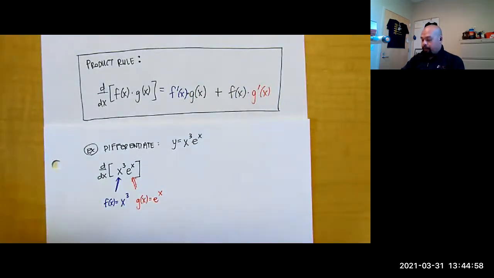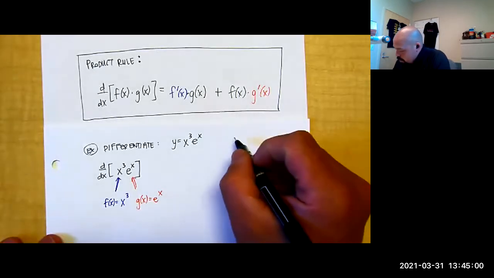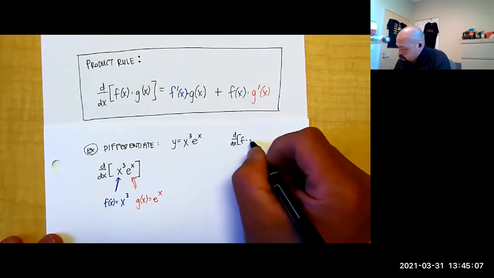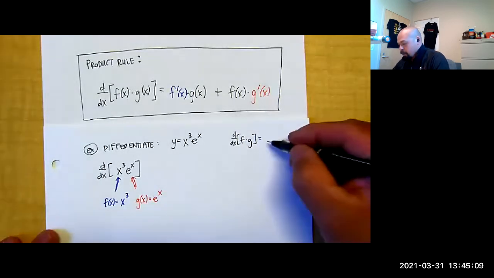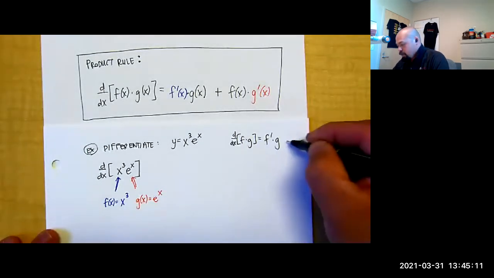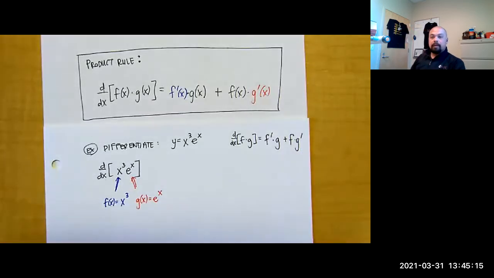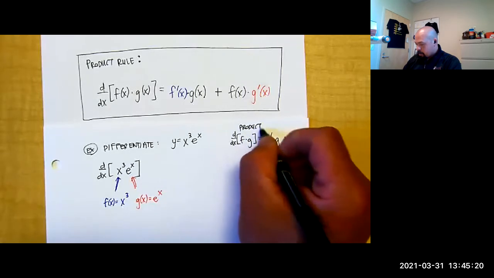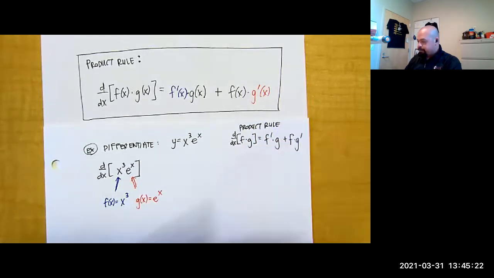So in order to find the derivative of a product, remember it's going to be f prime times g plus f times g prime. There's our product rule. Keep that rule in mind.